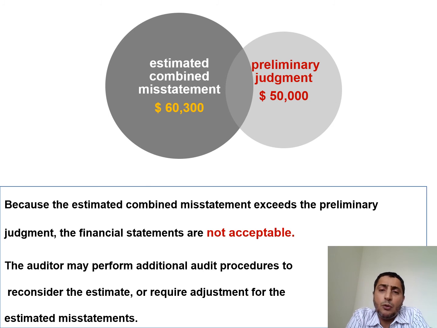The auditor, before coming to the final conclusion about judging the financial statements, needs to perform additional audit procedures to confirm their findings, or to reconsider the estimation, or require the adjustment from the estimated misstatement by the client.